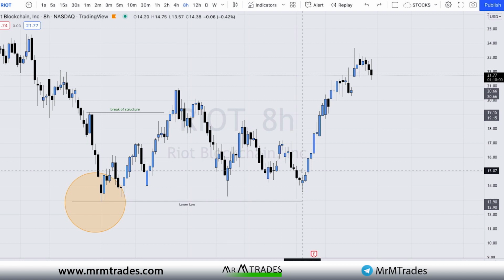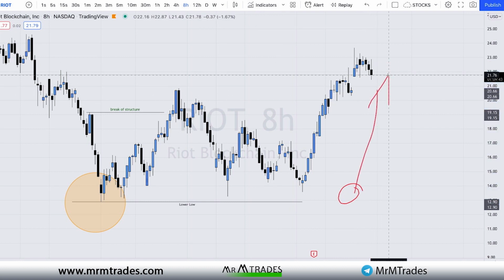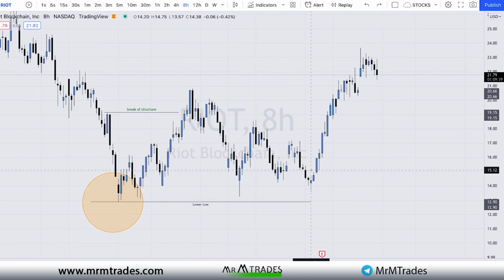And right now I want to reiterate what I have surely already mentioned a dozen times in my videos, which is remember to follow the structure. The price can't just move from one point to another, from $14 to, let's say, $24 in one move, okay? Obviously, there are many other reasons for that, but one of them is the law of supply and demand, and it's also quite visible on the lower time frames.